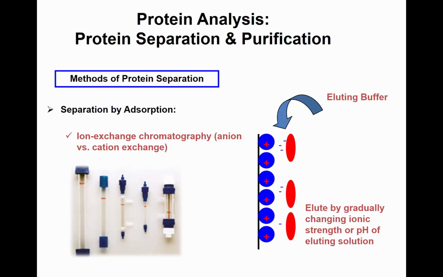I'm assuming you guys know. So negatively charged proteins are going to interact with your positively charged stationary phase, and depending on their charge density, the more charged they are, the more they interact with your stationary phase, and the less charged they are, the sooner they're going to elute, and you can separate based on charge.